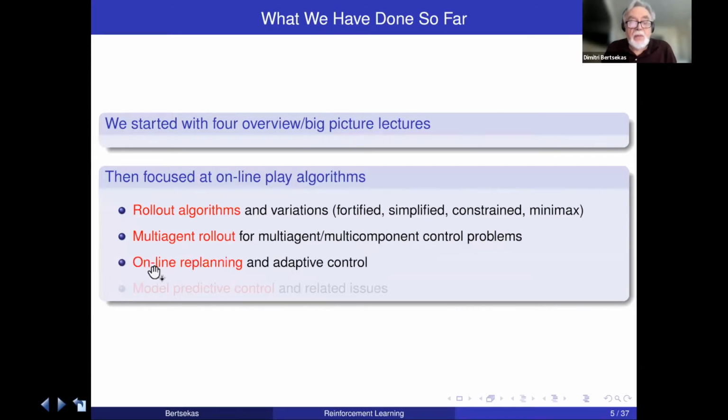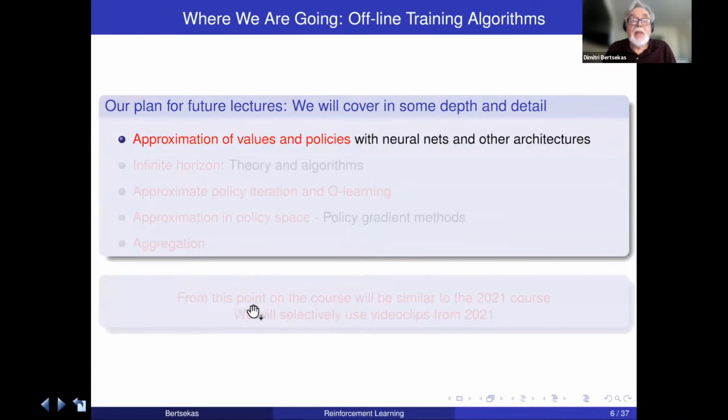We also emphasized the importance of online replanning for problems with changing parameters, a changing model, and the context of adaptive control. And we discussed also model predictive control and related issues to it, special problems. So that's what we've done. And this is where we're going.